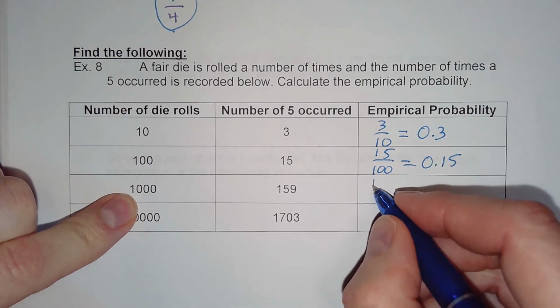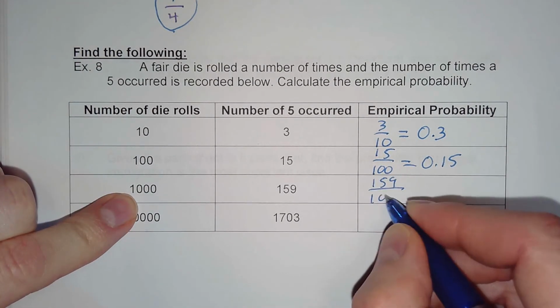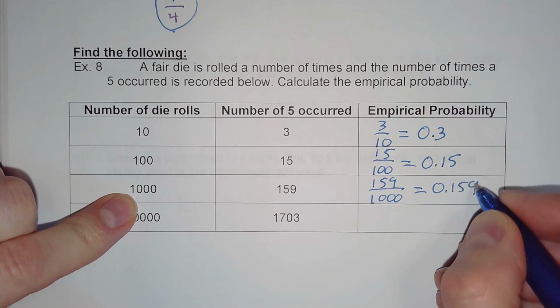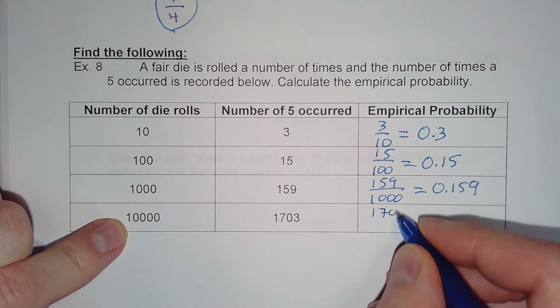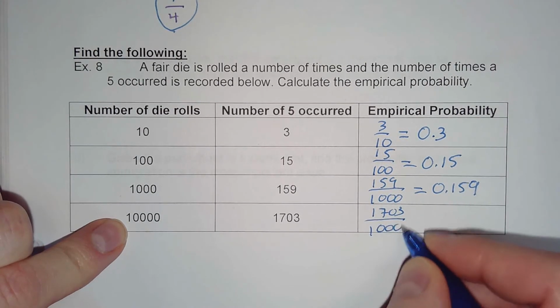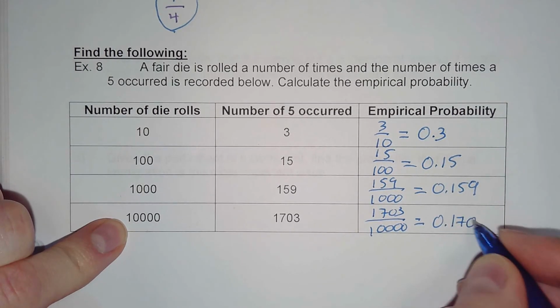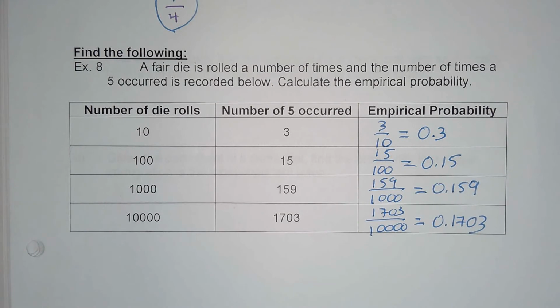Then we're going to keep going. Then we have 159 over 1,000. That's 0.159. And 1703 divided by 10,000 would be 0.1703. Now, if this die is truly fair, as I keep increasing the number of rolls, this number should get closer and closer to 1/6, or 0.16 repeating.